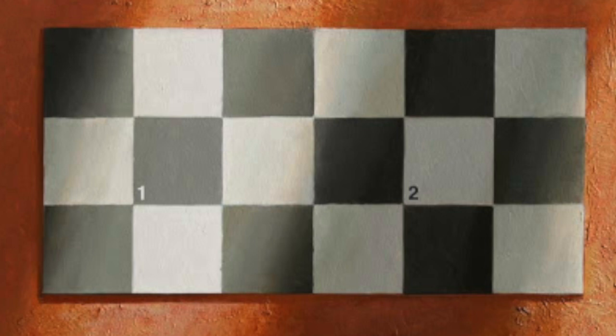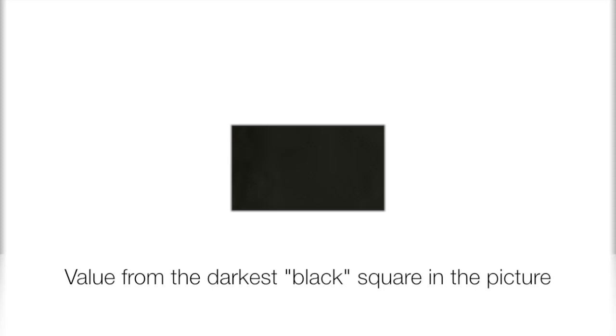Let's break it apart and try to understand why we see the left square as darker. We identify it as black, although it is not really black, and it's surrounded by white squares, which by the way are also not really white. The right square is supposed to be a white one, although it's also not white.